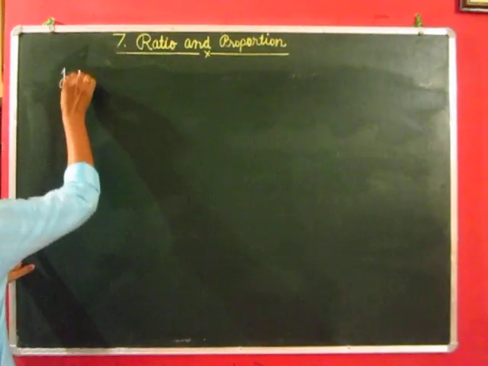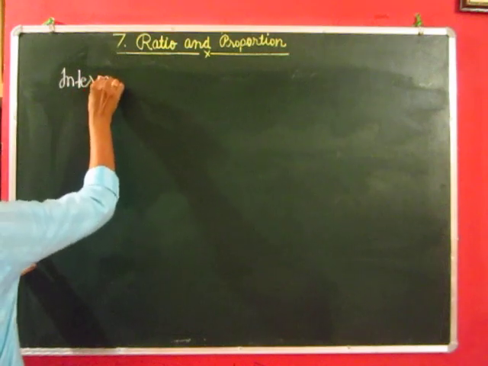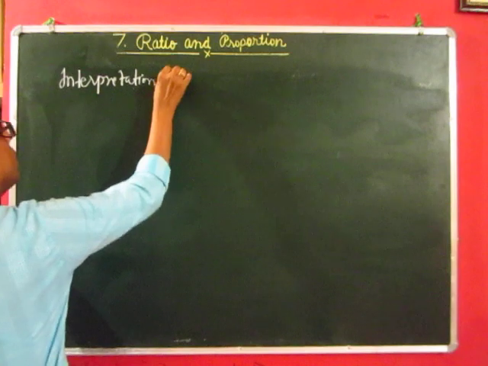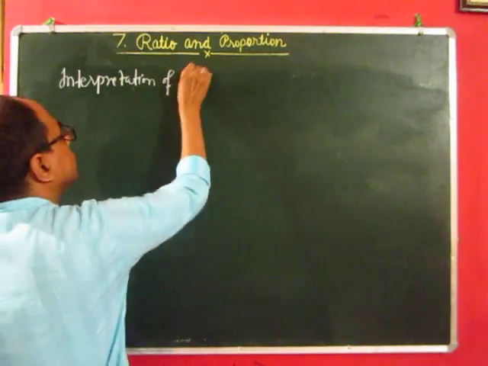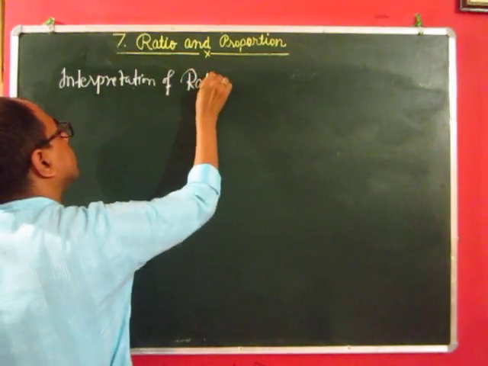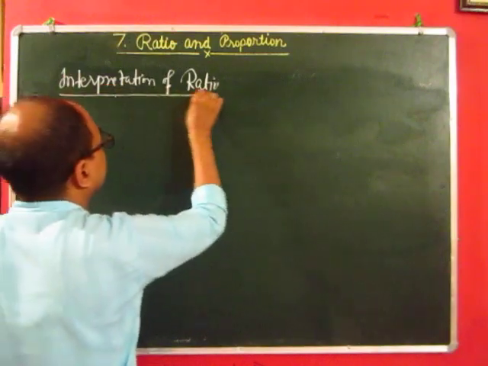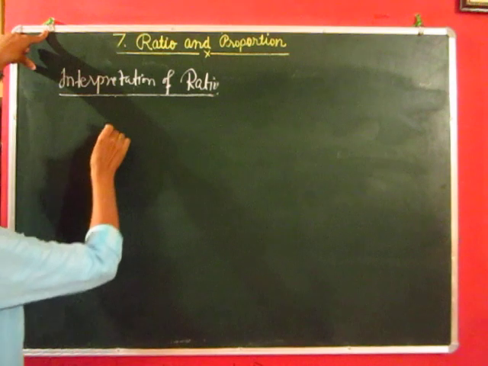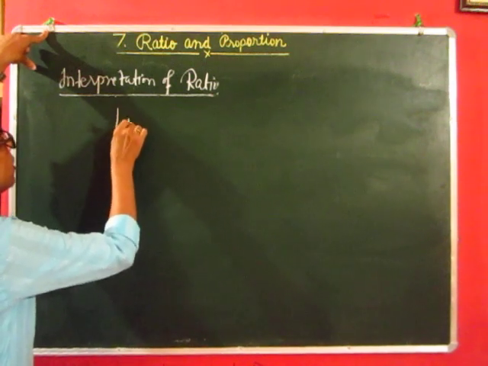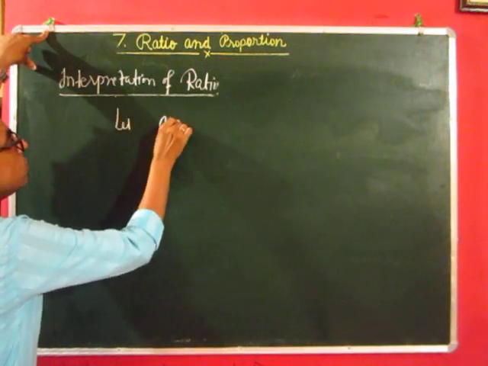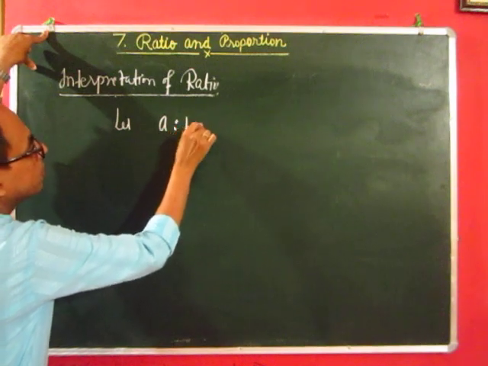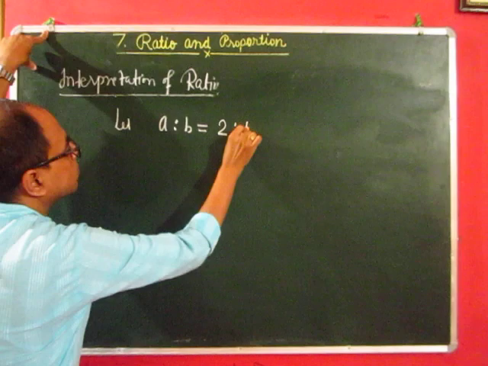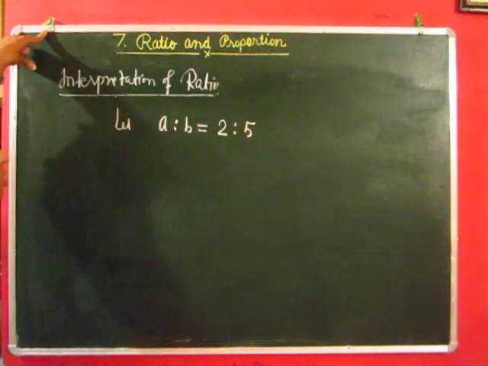Now suppose A is to B is given as 2 is to 5.